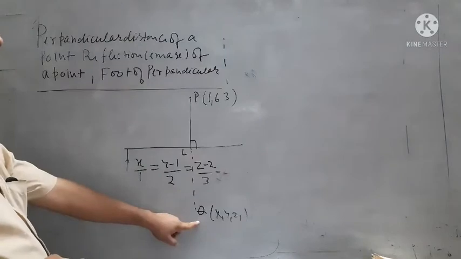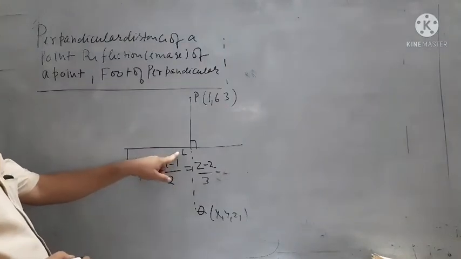Suppose Q is the image, L is the foot of perpendicular.